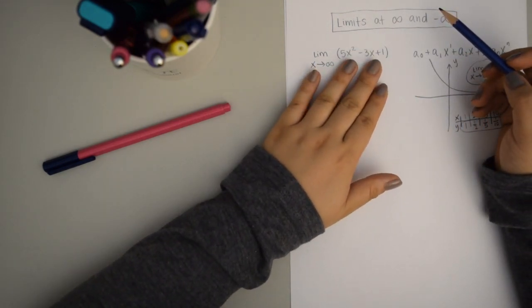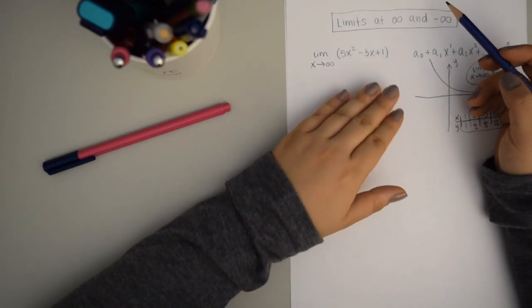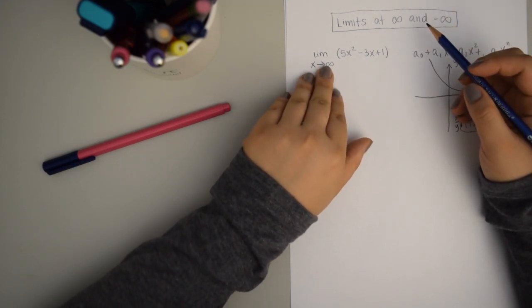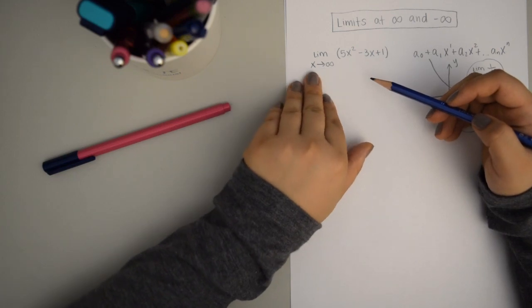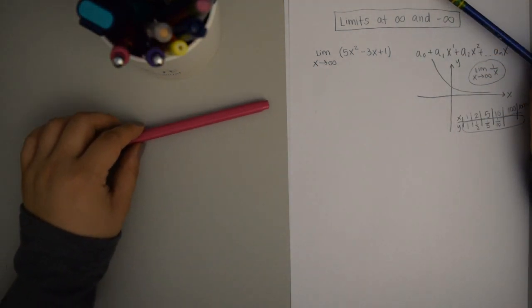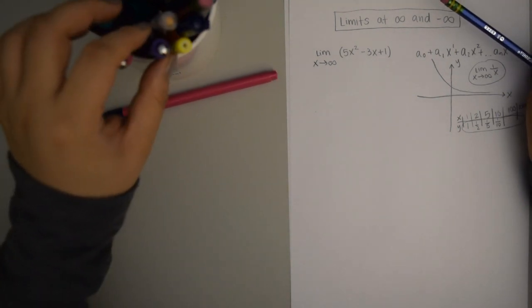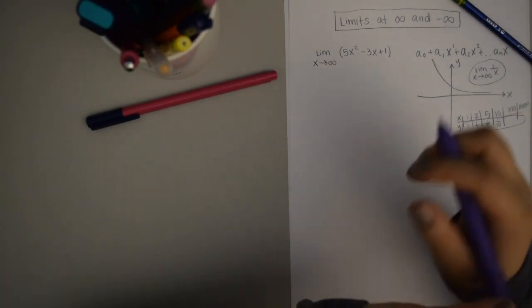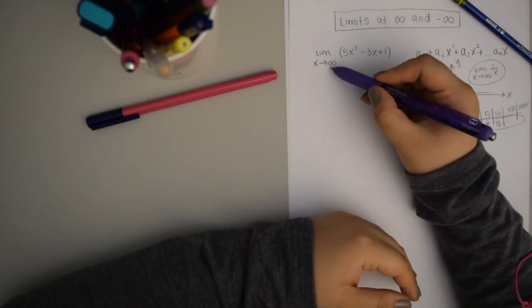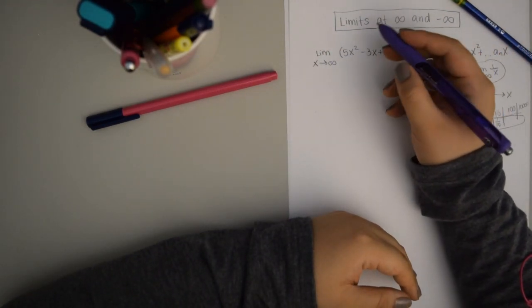So when we're doing polynomials, especially if you're coming straight off of a unit of finding limits as x approaches a specific value, it might be tempting to try this. And if you already know this, you might cringe. It might be tempting to think, okay, I'm just going to plug in infinity for x.